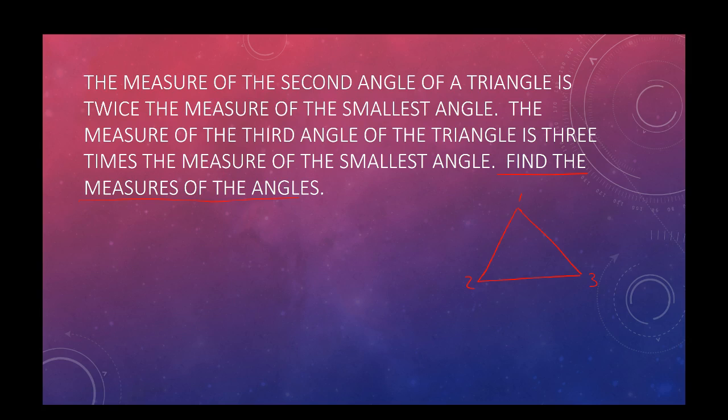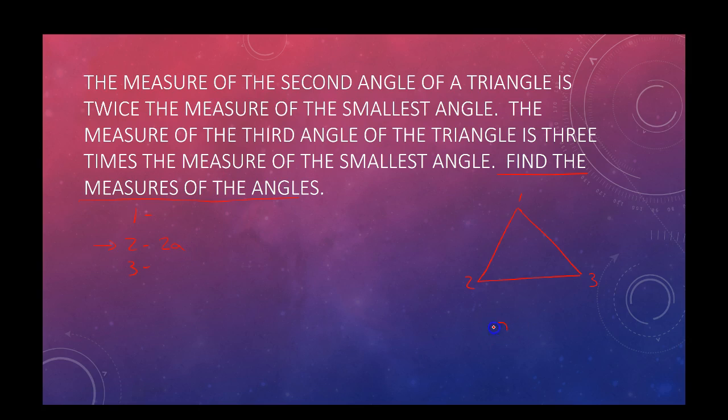So let's just divvy them up just like that. It says the measure of the second angle of a triangle is twice the measure of the smallest angle. So right here it's second angle, twice the smallest. Twice means times it by 2. We'll make this an A for angle, but it's twice the smallest.